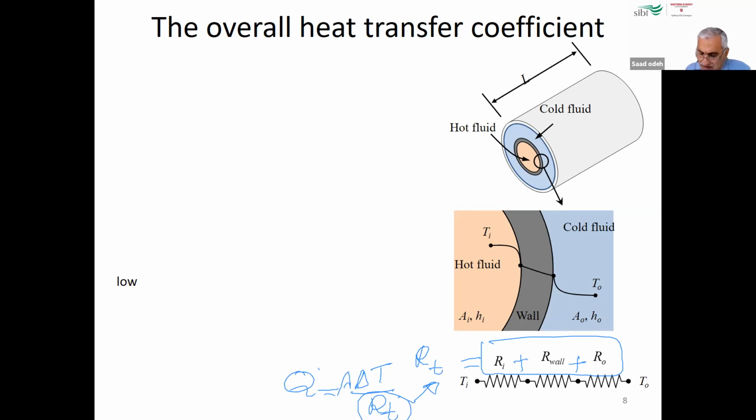And in heat exchangers, instead of using R total, they use the U value. So U, which is the overall heat transfer coefficient, is equal to 1 over R total, which is the same thing.